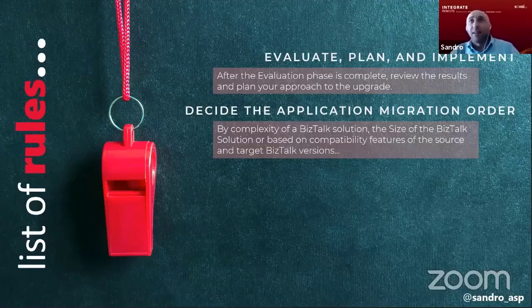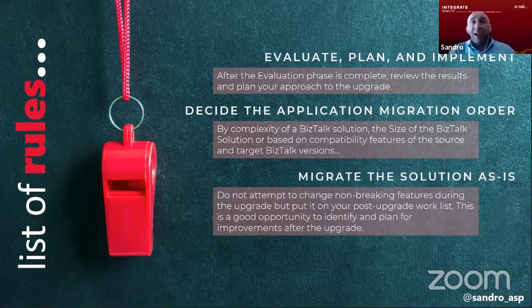So we can decide the migration order based on any kind of scenario, or the client can decide that order based on the importance of the applications. And try to migrate the solution as is, immediately, okay? So the point is, again, remove everything from the old environment and put it in the new environment, to discontinue one machine or the other machines that are from a previous version of BizTalk.